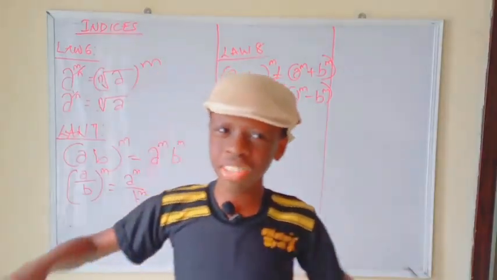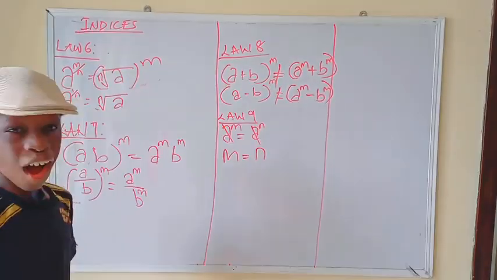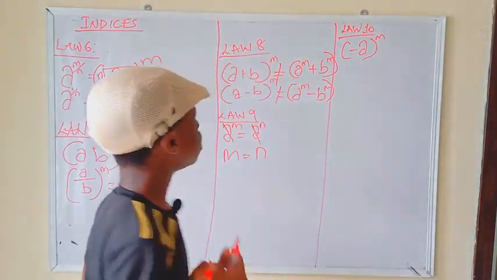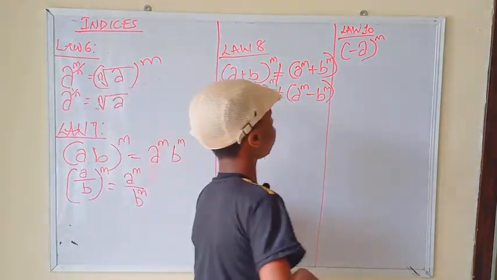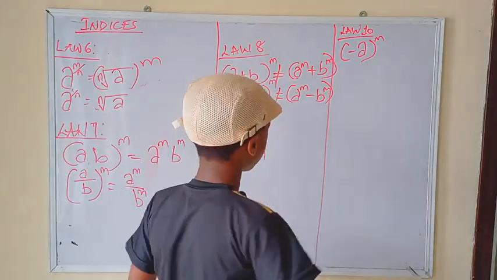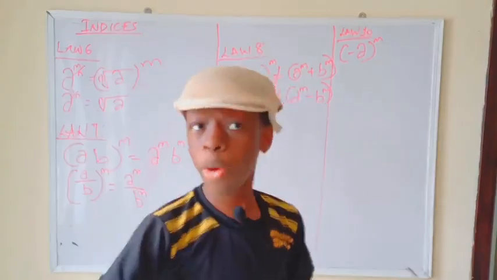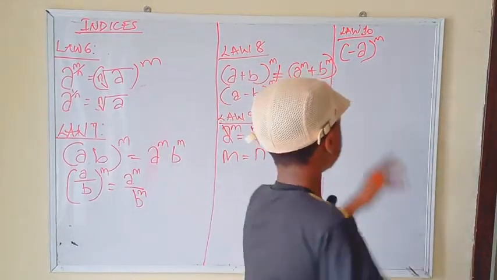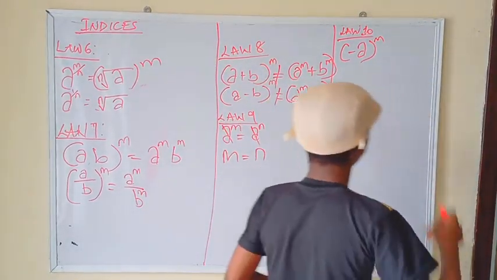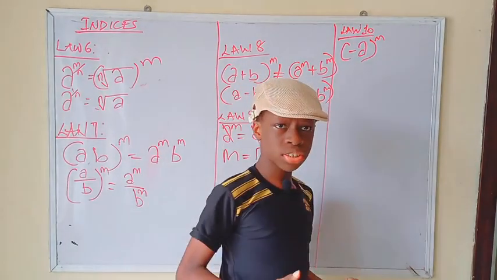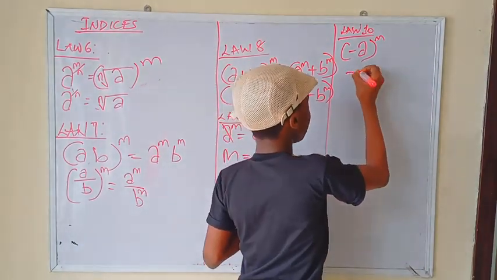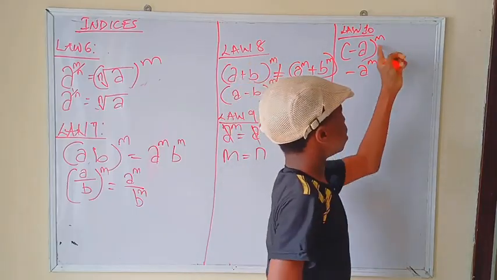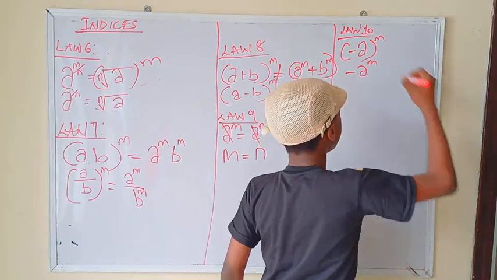Now, let's move over to our last law, law 10. This one is a little bit tricky because it says (minus a) in brackets raised to the power of m. What do we do? Well, this one technically has two answers. It's going to be minus a raised to the power of m if this m right here is an odd number.